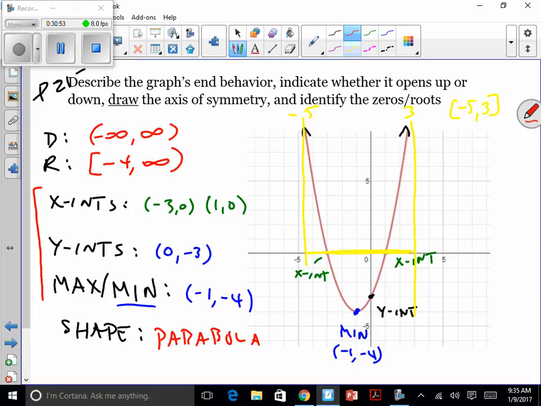Can you put all real numbers for the domain too? Not only can you do that, but that one is worth saying and doing, because they will use that phrase. Whenever the domain or the range is from negative infinity to positive infinity, another phrase they will use is all real numbers.